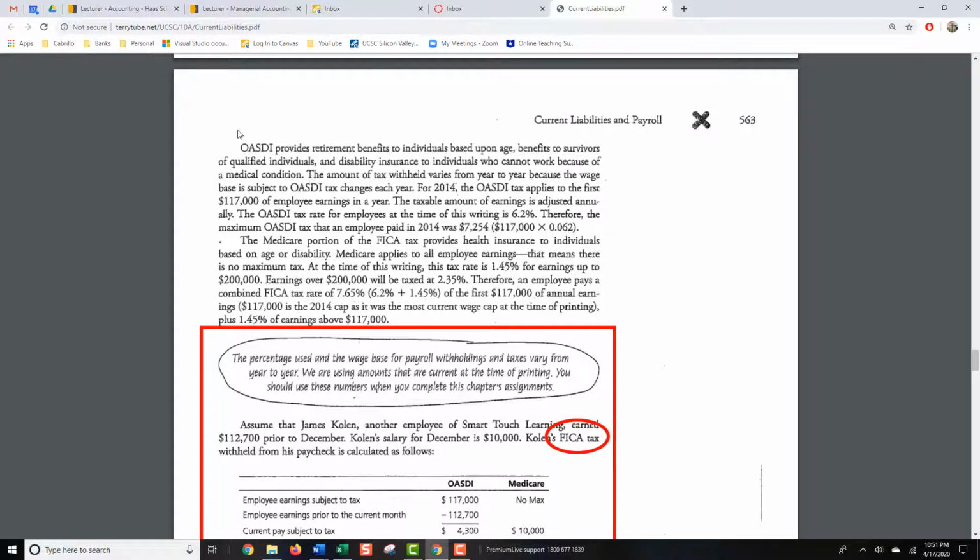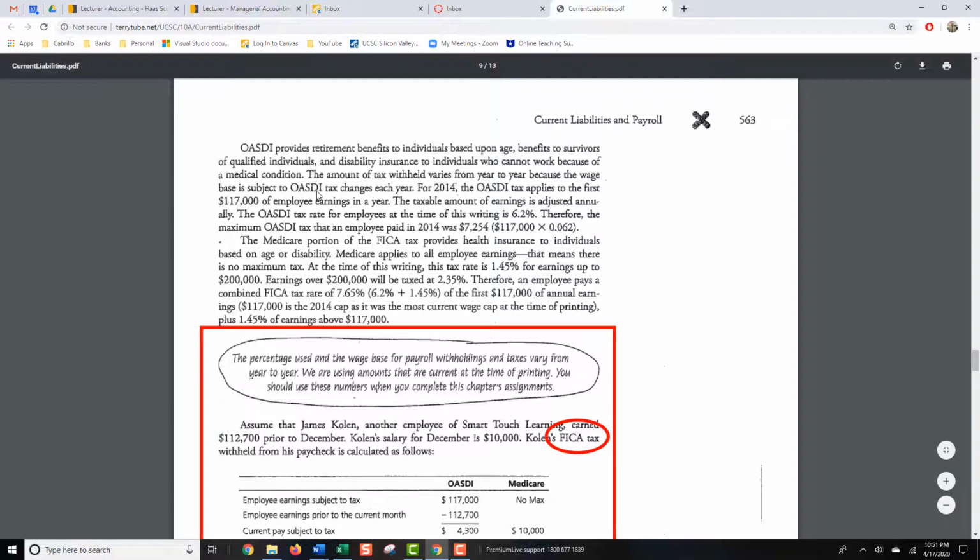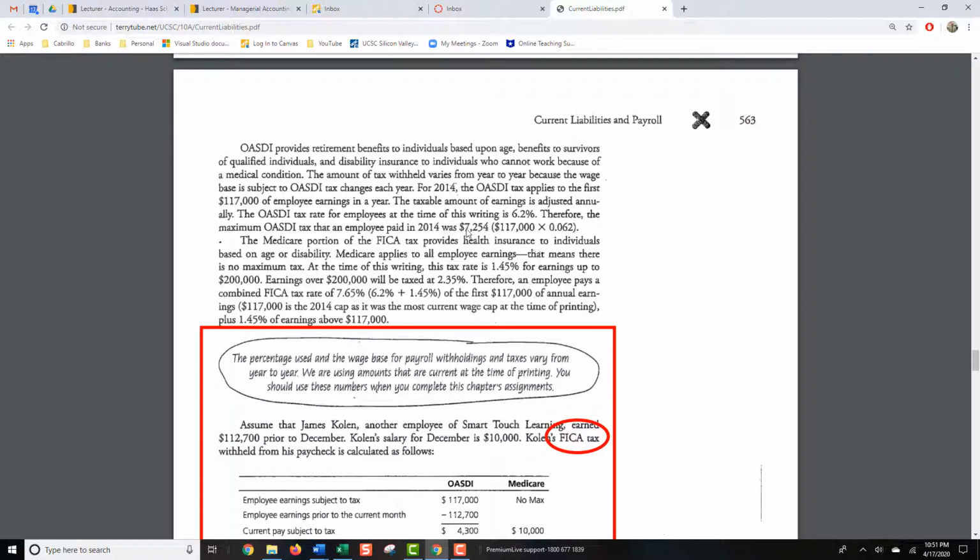So that's your Medicare and Medicaid. FICA taxes is your Medicare and Medicaid. Oh, there's just too much to try and tell you here.